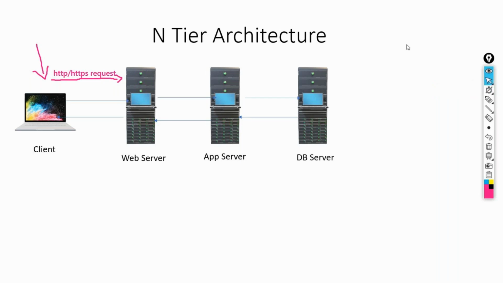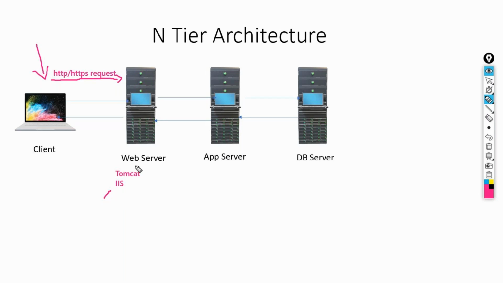So whenever we click any link or button on the UI, first the request goes to the web server. Examples of web servers are Tomcat and Microsoft IIS. Generally, for Java projects, they mostly use Tomcat. For .NET projects, they might use IIS because IIS is from Microsoft.